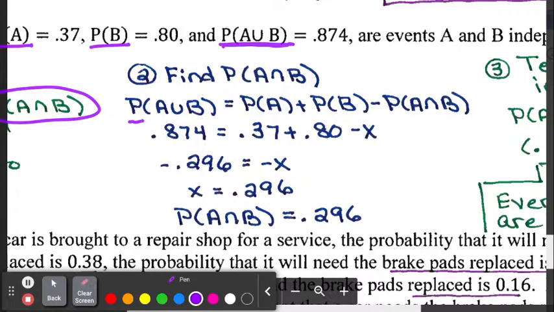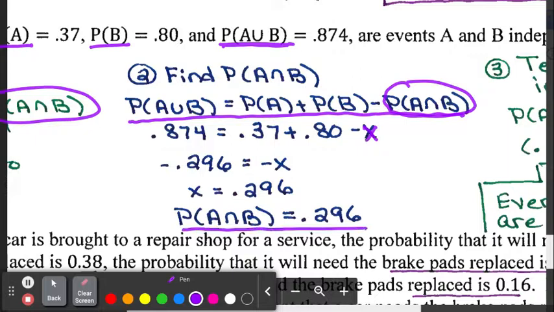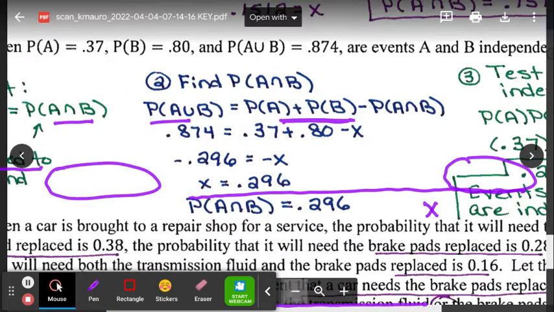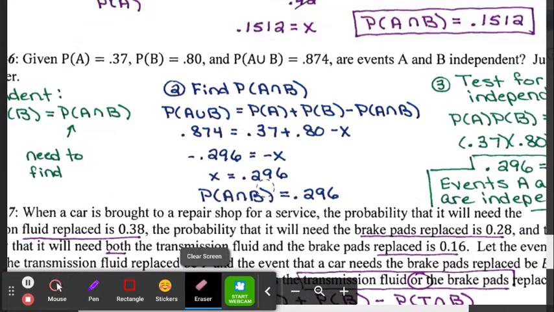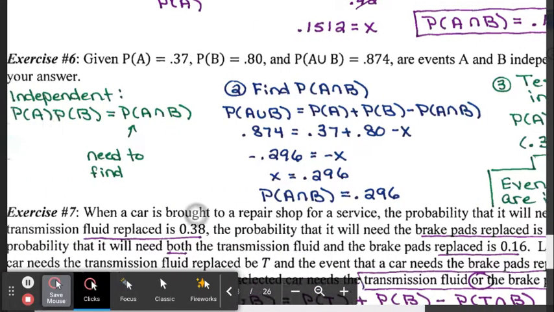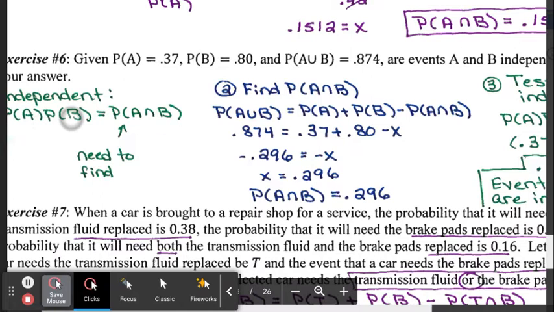And that's what I did here to find the probability of both. I used this formula, which includes the probability of both here. So I just used an x, and then I solved for x, and I got the probability of both is 0.296. Now let me back up or zoom out a little bit. Our formula, probability of A times probability of B equals probability of both.